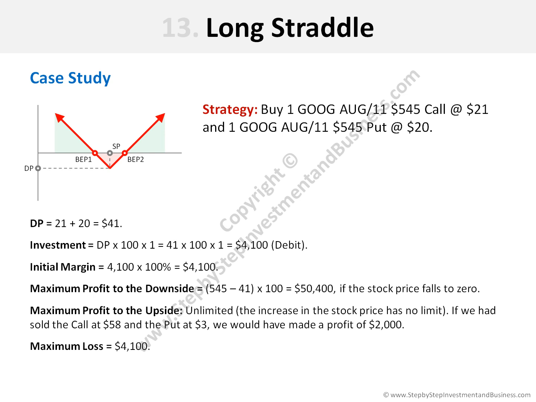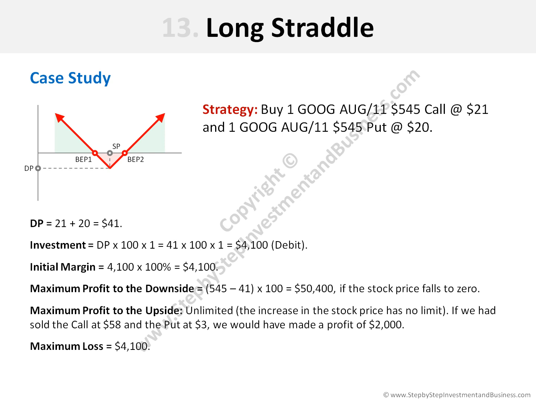That's a total of $4,100. This money is debited from our account. The initial margin required is equal to 100% of the total debit paid, that is, $4,100. This is the minimum amount of money that must be deposited into our account in order to open the position.